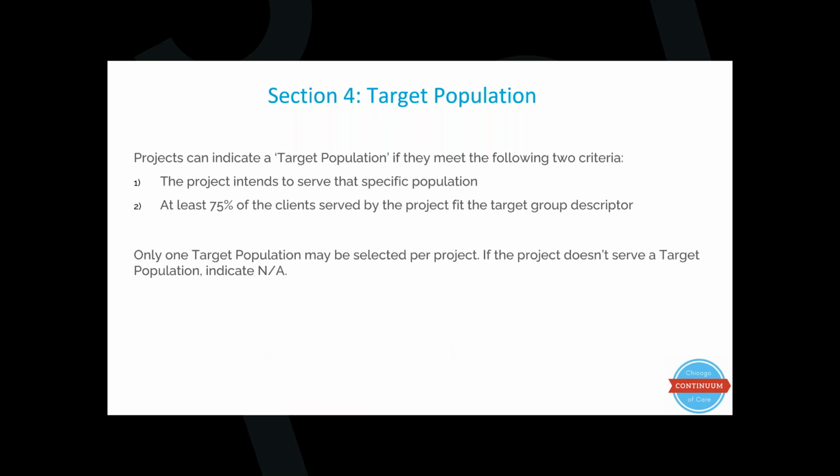So if your project is serving a special population, the intent of that project has to be to serve that population exclusively, and at least 75% of the clients served in that project fit that target population. Only one target population can be selected per project. If a project does not serve a target population, then you'll just indicate not applicable.